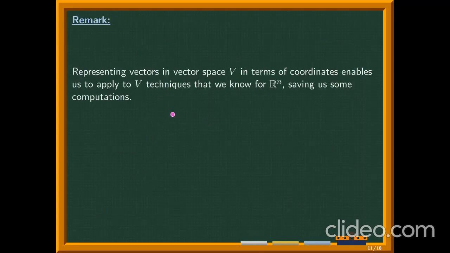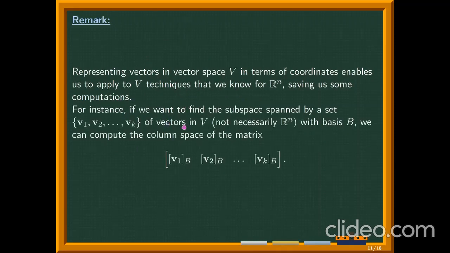And representing vectors in V in terms of coordinates enables us to apply to V techniques that we know for Rn, and this saves us some computations. For instance, suppose we have a vector space V, which is not necessarily Rn, with basis B. Okay?